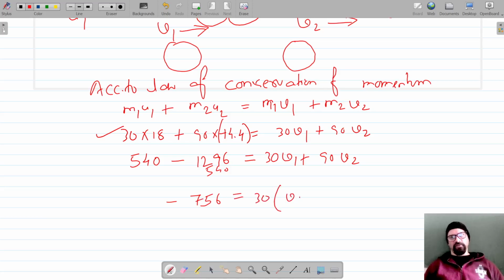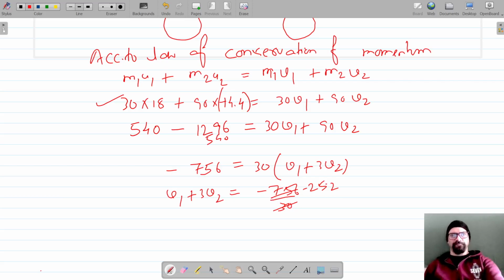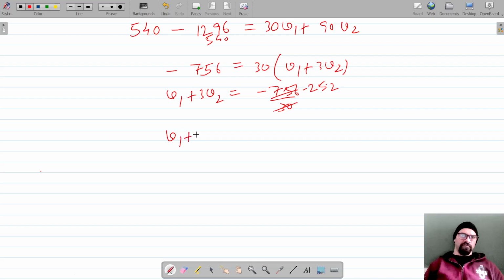If we take 30 common here, this is V1 plus 3V2 equal to negative 756 divided by 30, which gives negative 25.2. So V1 plus 3V2 is equal to negative 25.2. This is the first equation.